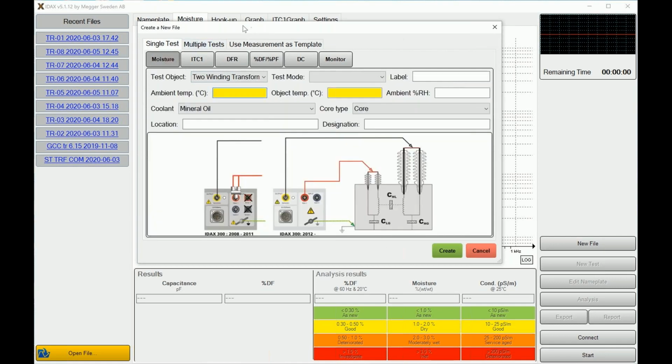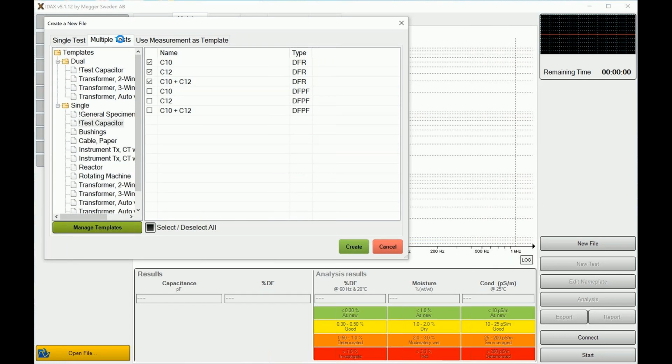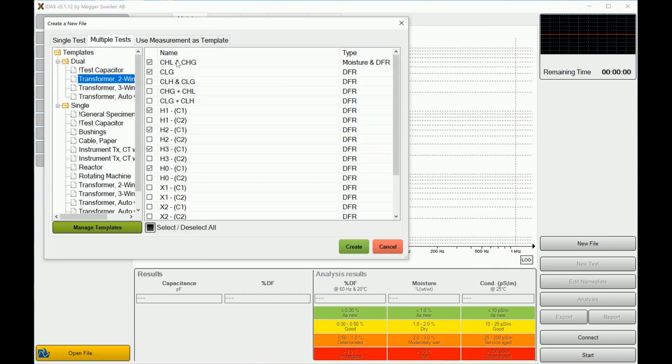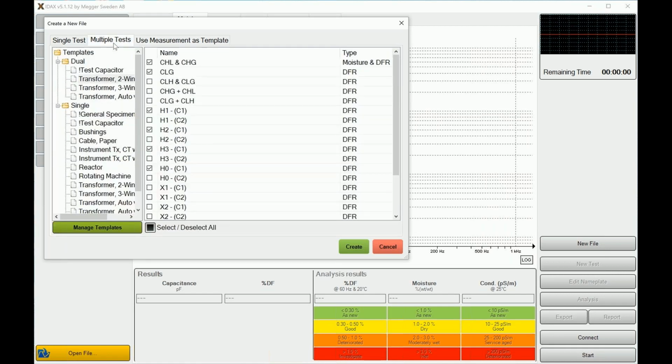You can select moisture, you can select different type of testing. You have a single test, you have multiple tests, or you can use a previous test as a measuring template. Typically, we're going to look into a simple example, which is our two-winding transformer. And you can see all the options that you have for that two-winding transformer.